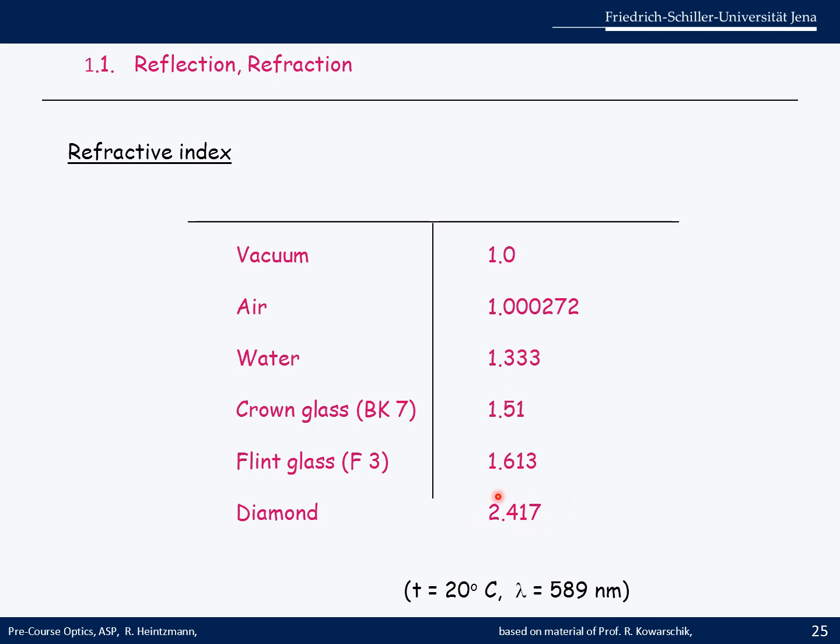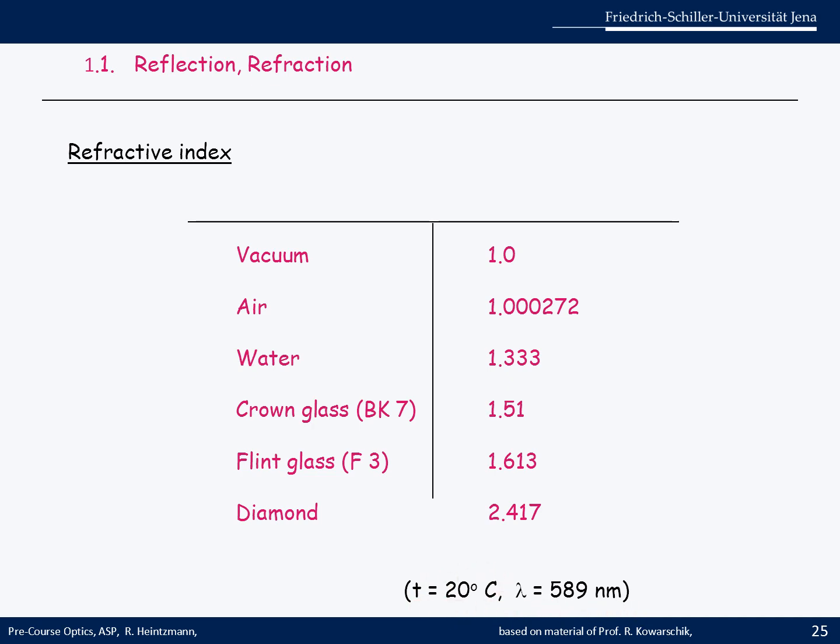And diamond, for example, has a very high refractive index, but many media, for example, if you go to the IR, you get typically quite high refractive indices, for example, of silicon. So the rule of thumb is whenever you get close to an absorption possibility of the medium, you get relatively high refractive indices. As you note here, this table is given for 20 degrees Celsius and a particular wavelength.